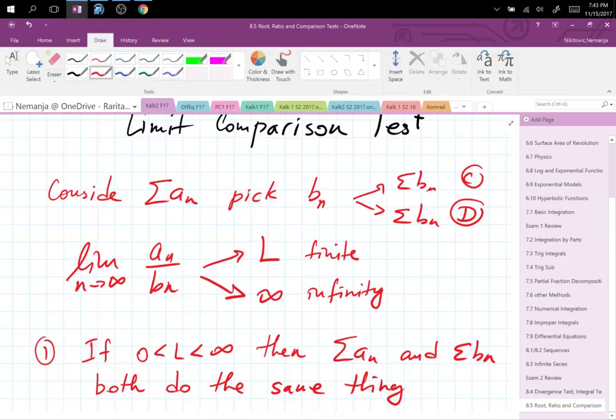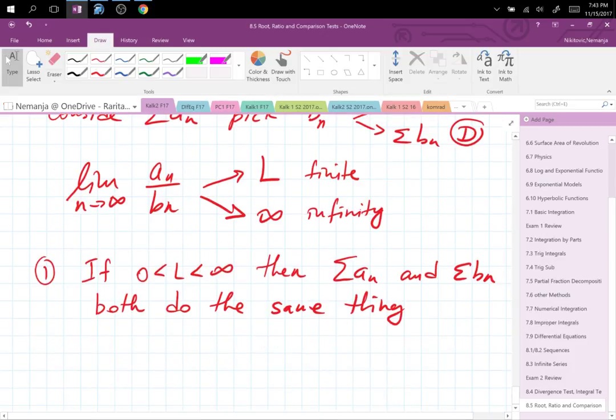We've seen this before with the integral test, right? If the integral diverges, series diverges. If the integral converges, series converges if those 3 conditions are satisfied. Your condition here for both of them to do the same thing, in this case, summation of AN and summation of BN, you need to get a finite limit. If you have a finite limit that is between 0 and infinity, then both will do the same. And then 2 lesser conditions that are still, I mean, they're not lesser, they're just less frequent.